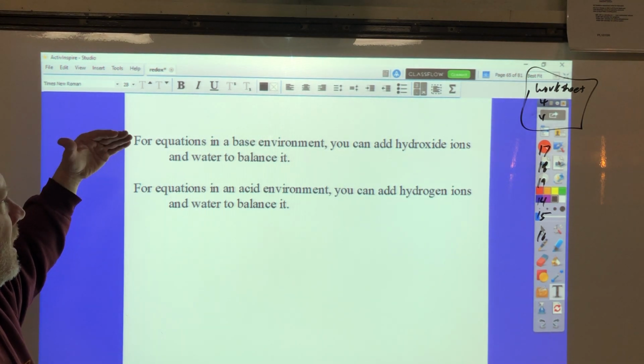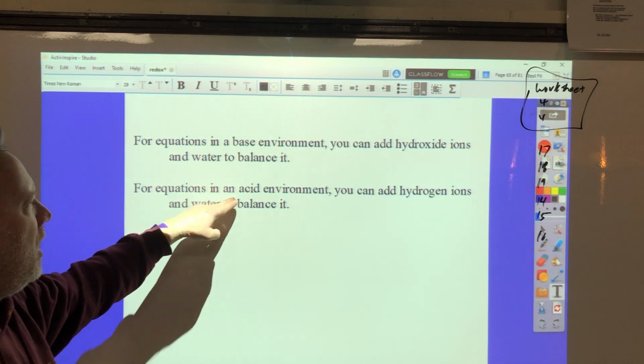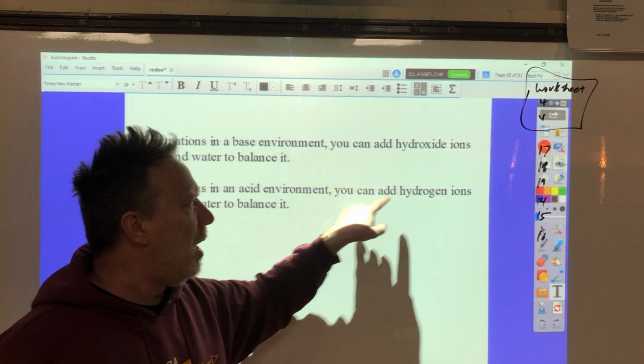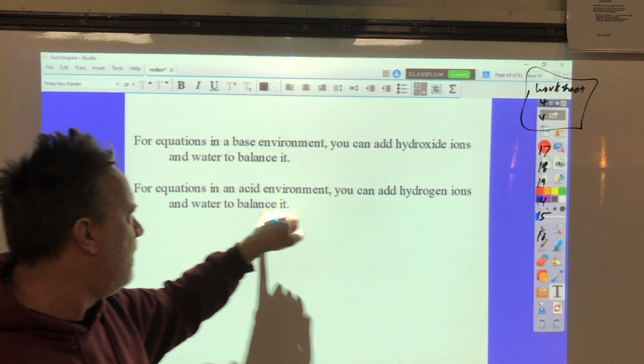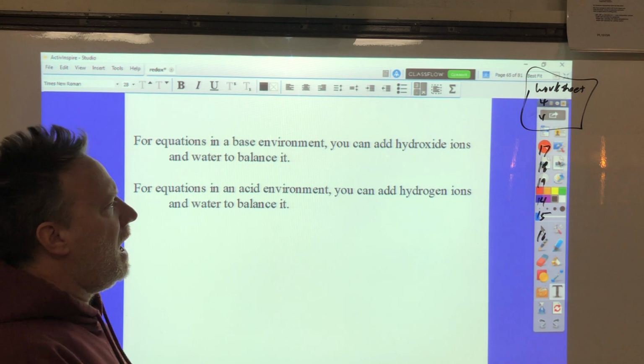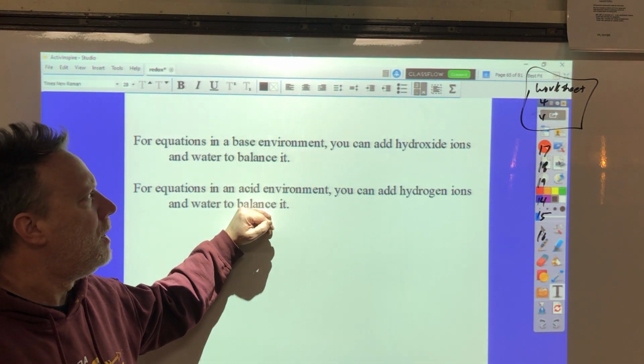All the ones I did there yesterday were in an acid environment, and we were finishing near the end by balancing using hydrogen ions and water. And I wanted to end on that because that seems to be a little more common.